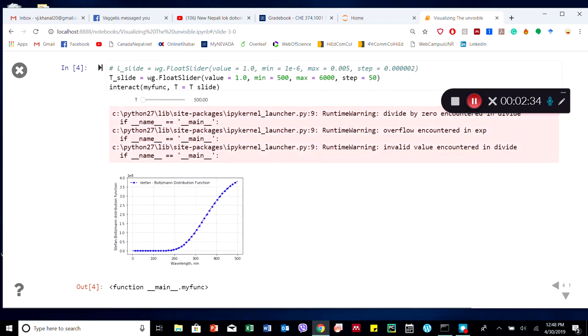The interesting thing I introduced here with the IPython widget is that you can actually interact with your function with one of the parameters, or if you want, both, but here I have fixed temperature. You can make these interactive buttons, sliders, right?